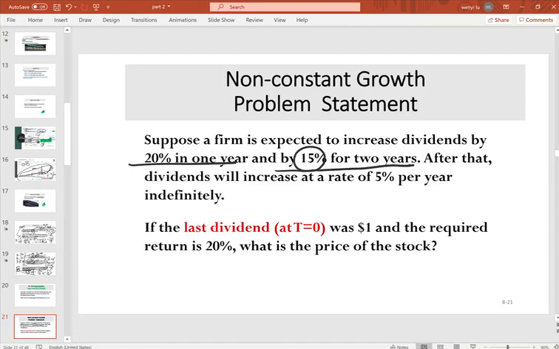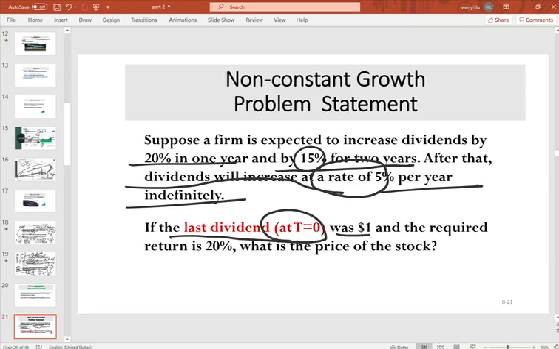After that, the dividends will increase at the same rate, 5% per year, forever. If the last dividend just paid at time 0 is $1 per share, based on this required rate of return, what's the stock price?